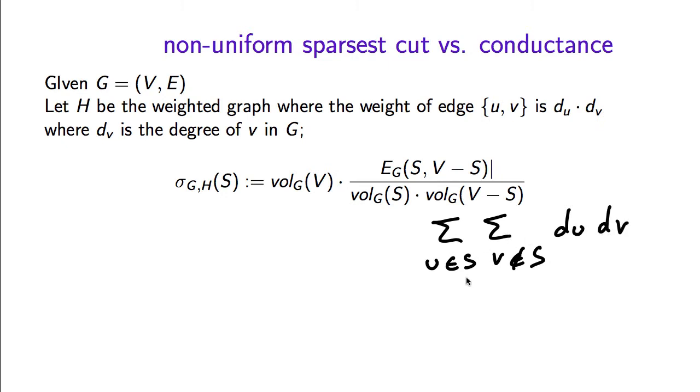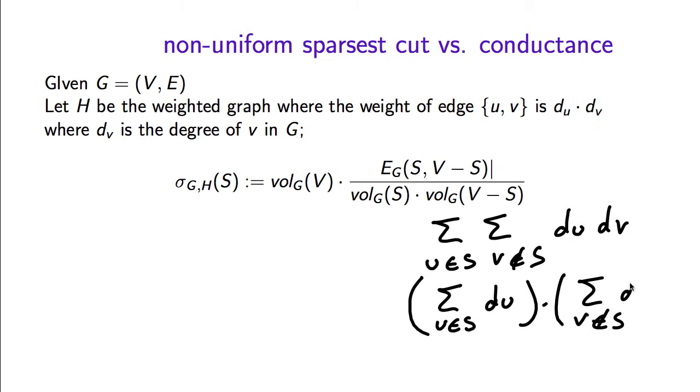And so this breaks up as the summation for u in S of du times the summation for v not in S of dv. And this is the volume in G of S, and this is the volume in G of the complement of S.